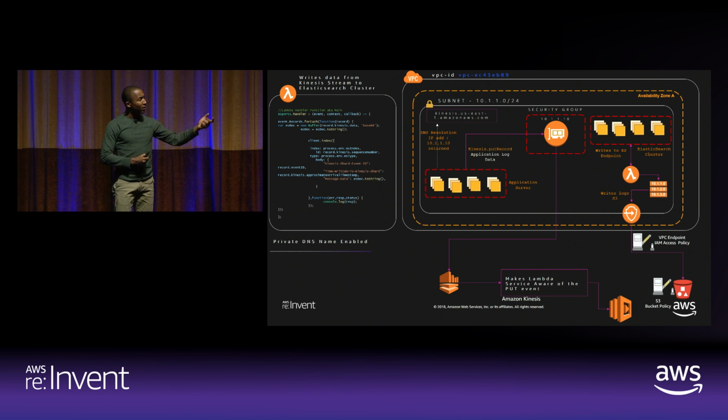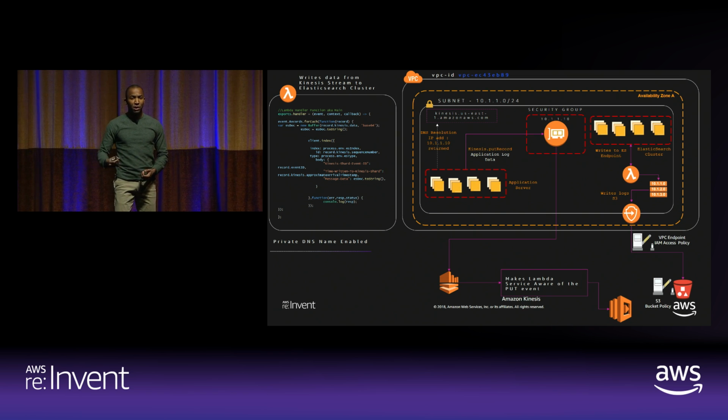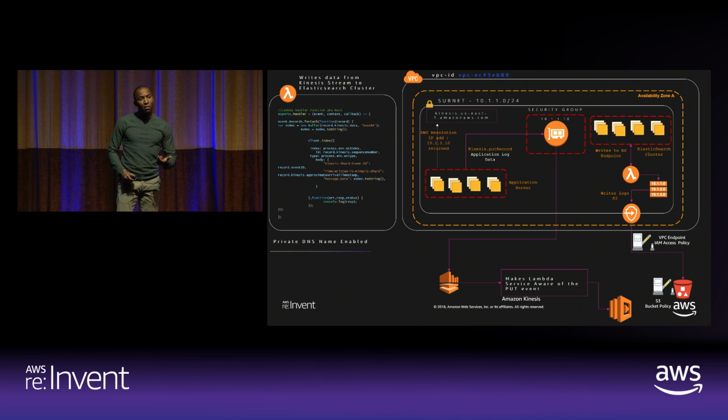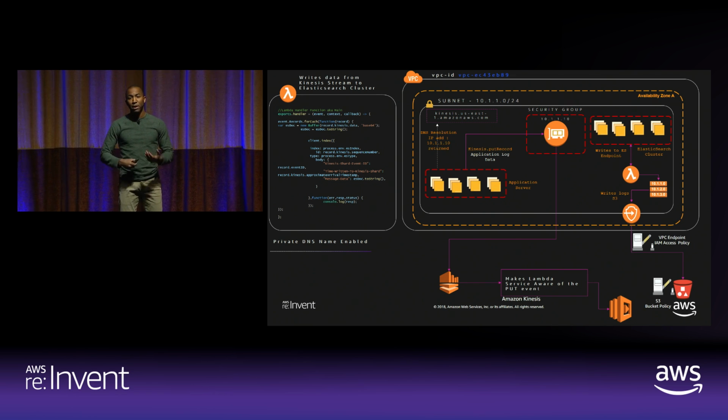Well, in this scenario, the Kinesis service, even though public, will make the call to the Lambda service itself, and the Lambda service creates your Lambda functions inside the VPC, which means that it has a private IP address from a subnet that you defined, and it can communicate with the Elasticsearch cluster that exists. So that Lambda function takes that event data and writes that Kinesis stream time series data to your Elasticsearch cluster and gives you the ability to visualize that data using Kibana.